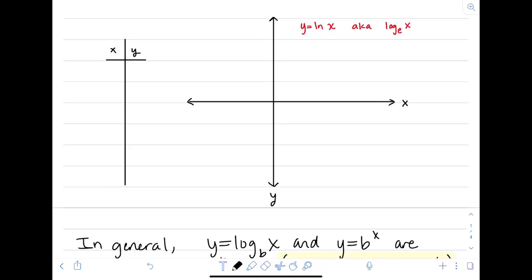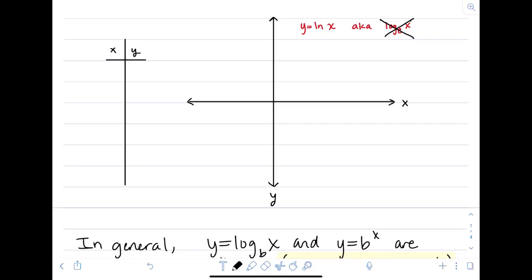Back in the day when logarithms were being developed, we're talking 1600s, 1700s, there wasn't a lot of typewritten material for mathematics, and for people to produce it was pretty challenging. So people said it's much easier to scribe this and get this down if we just drop the base. So it became a convention, instead of writing log base e of x, to write it as ln x, but it's still morally the same thing.